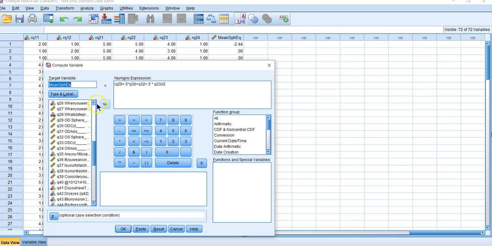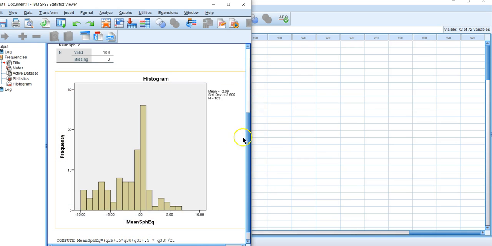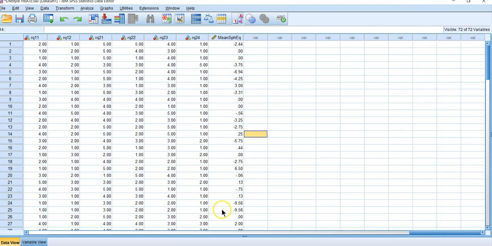So OD sphere plus 0.5 OD cylinder plus OS sphere plus 0.5 times OS cylinder, and then we're going to divide that by 2, and that's going to give us an average. And so there it is.